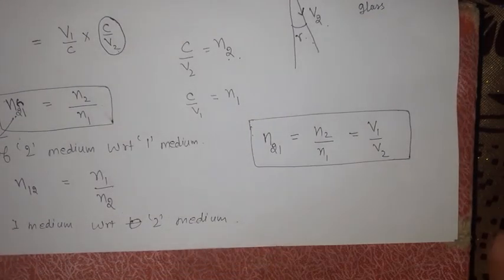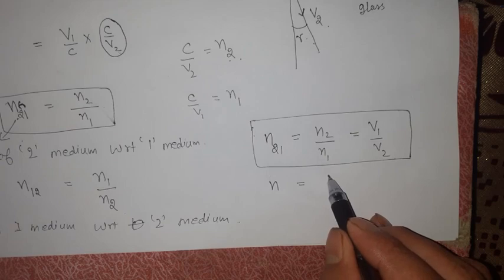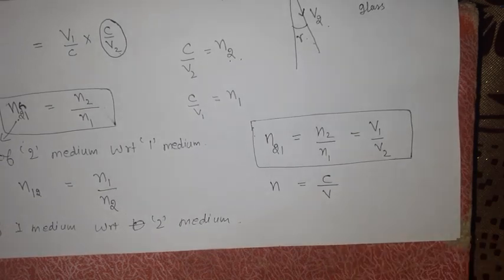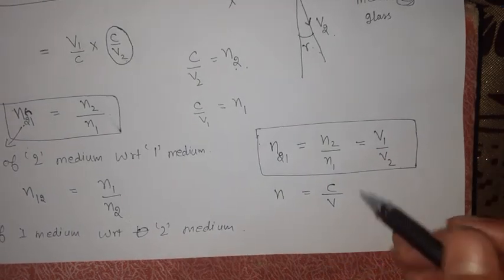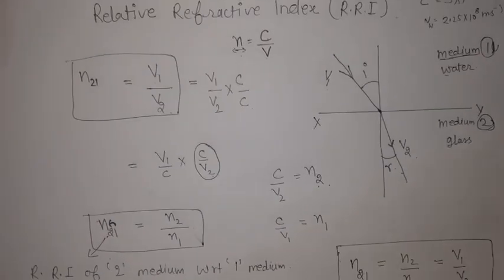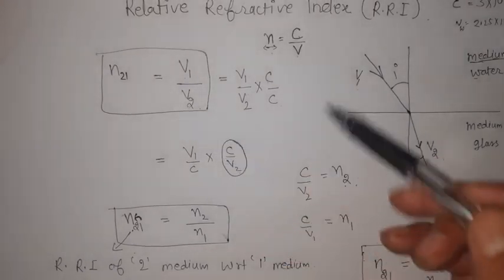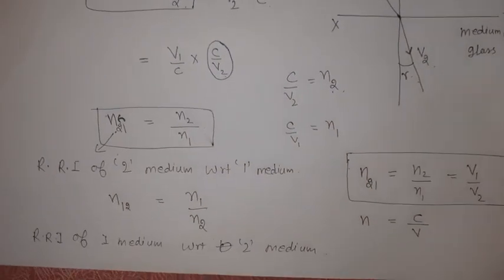While what is absolute refractive index? So absolute refractive index is the ratio of the speed of light in vacuum to the speed of light in a medium. Okay, so thus we have over here relative refractive index and absolute refractive index. This relative refractive index is also unitless, it does not have any unit.